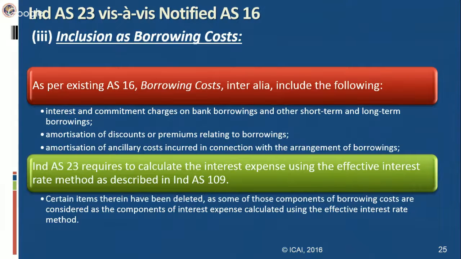So all these costs, interest and commitment charges on bank borrowings, amortization of discount on borrowings, and amortization of ancillary costs, are covered as borrowing cost under the existing notified AS 16. But what about Ind AS 23? Ind AS 23 requires calculating the interest expense using the effective interest method as described in Ind AS 109.